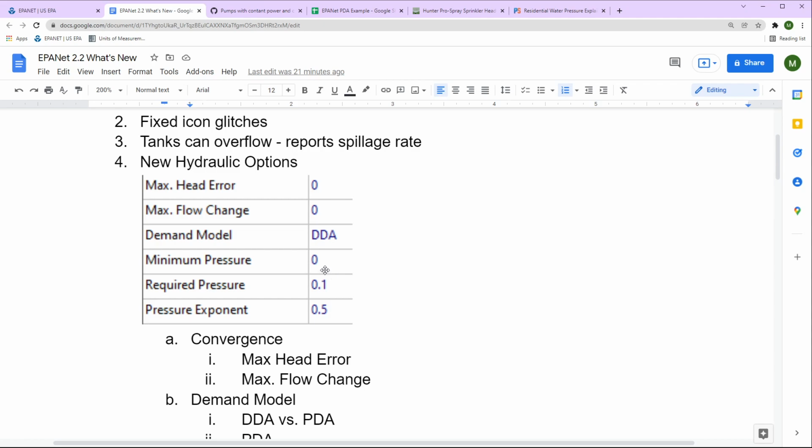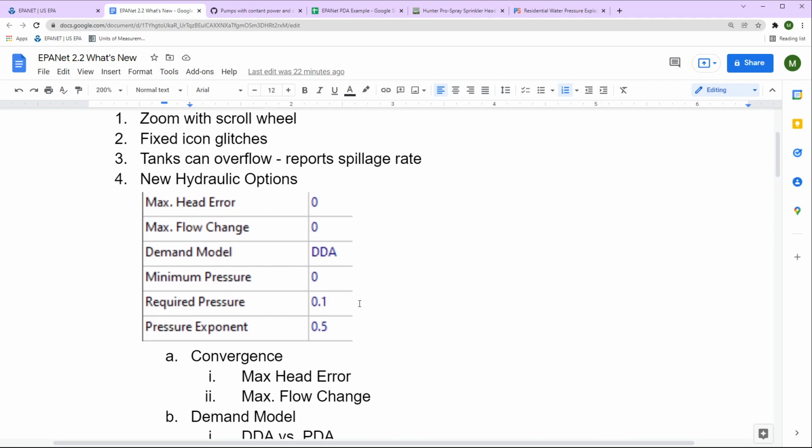So, for example, you can say below this minimum pressure, the demand I've entered actually goes to 0, and therefore helps eliminate the behavior where you could go below a theoretical minimum pressure, meaning vapor pressure. So I'll show that in my testing in a minute.